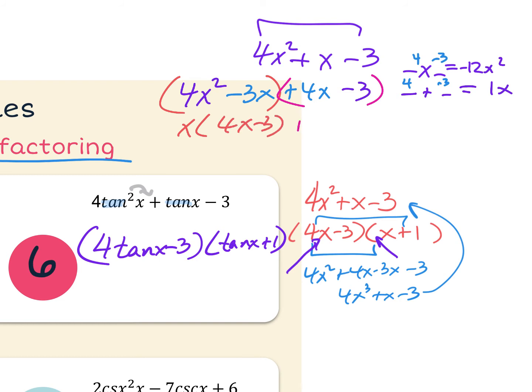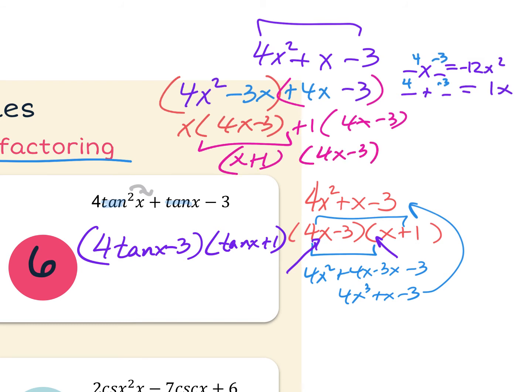GCF of the pink group would have been 1. And then put the two GCFs together, x plus 1, and then what you got when you divided. Notice it was the same answer that I got when I guessed and tested. So if it says factor, you're going to end up with some binomials here.